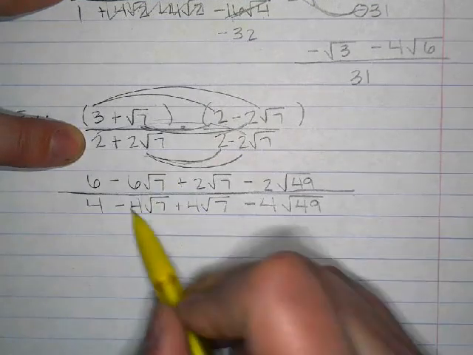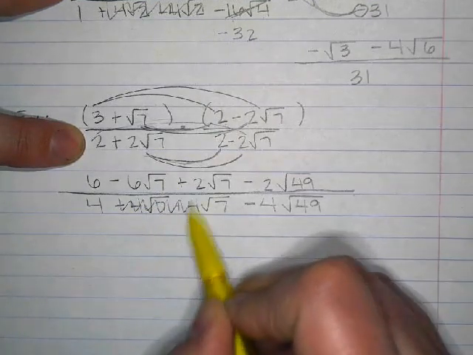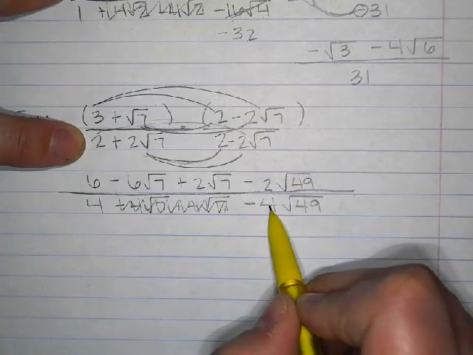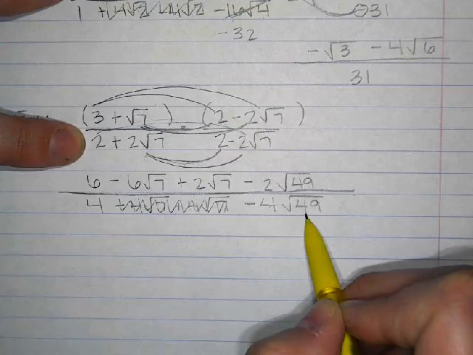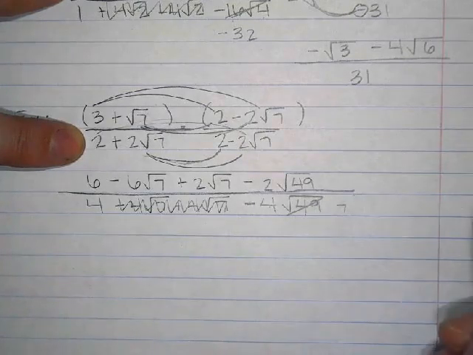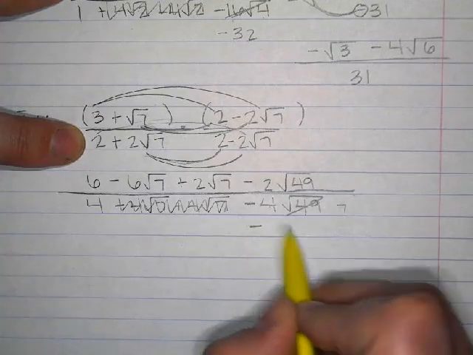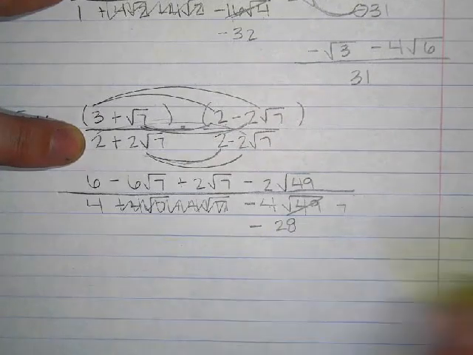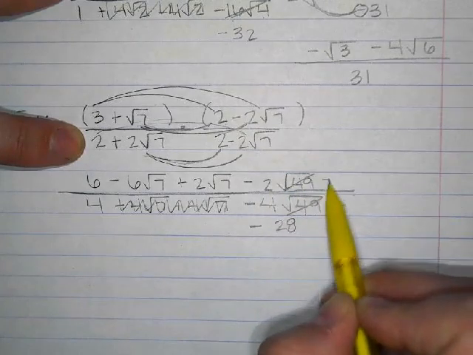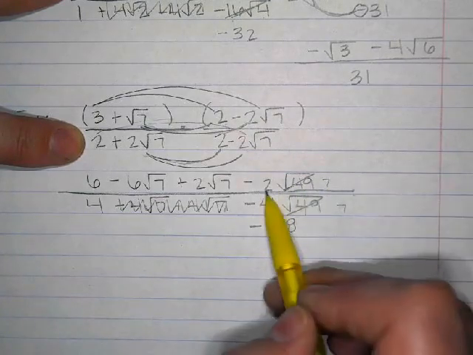This is negative 4 multiplied by 7. Negative 4 multiplied by 7 is negative 28. Okay. This is negative 2 multiplied by 7. Negative 2 multiplied by 7 is negative 14. Okay.